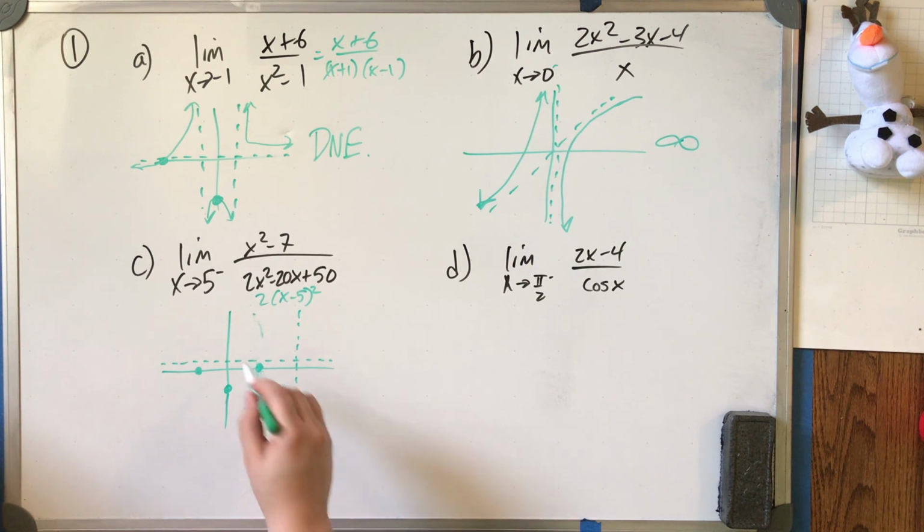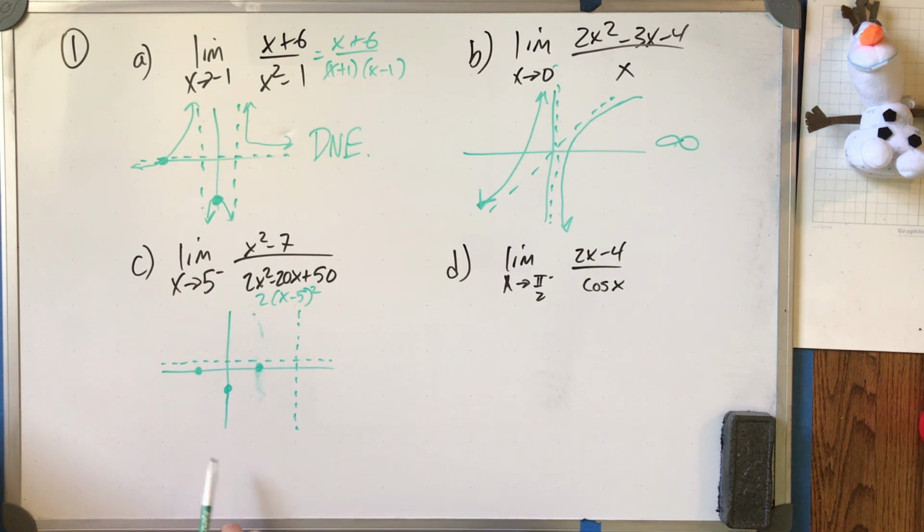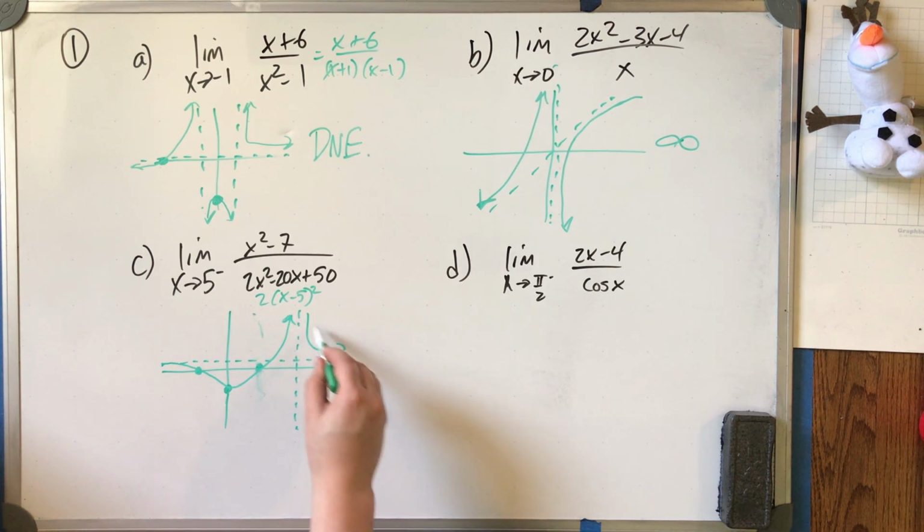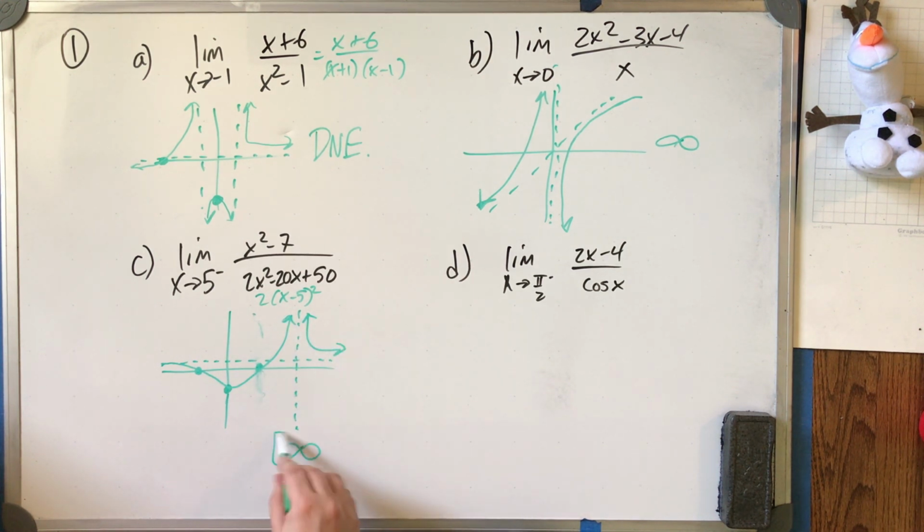Because the square root of 25 would be 5, so I know that square root of 7 is smaller than square root of 25, okay? So we end up with all of this stuff. That's going to give me some sort of graph that kind of goes down and then up and then over like this. So I know that this is going to be positive infinity.